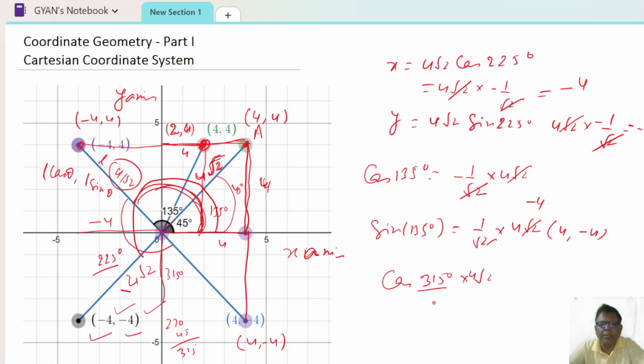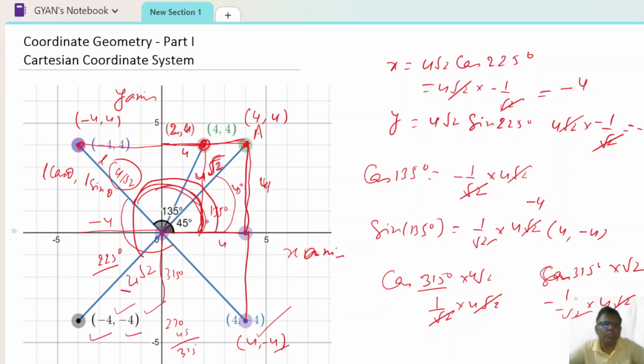Cos 315 degrees is 1 by root 2, positive, into 4 root 2, so this gets cancelled. So the x coordinate is positive. And for the y coordinate, sine 315 degrees into 4 root 2: this is minus 1 by root 2 into 4 root 2, so this gets cancelled. That's why it's minus.